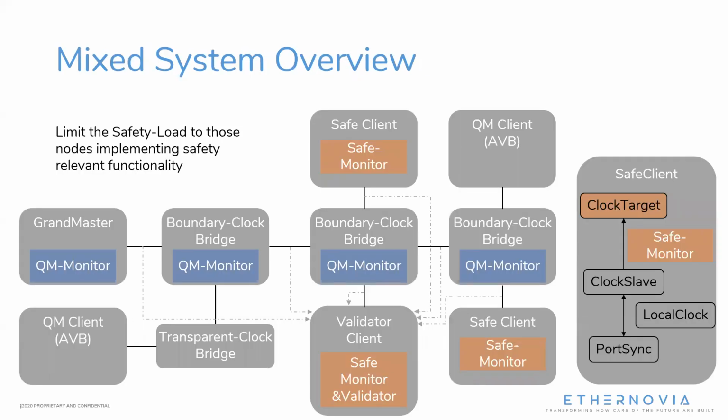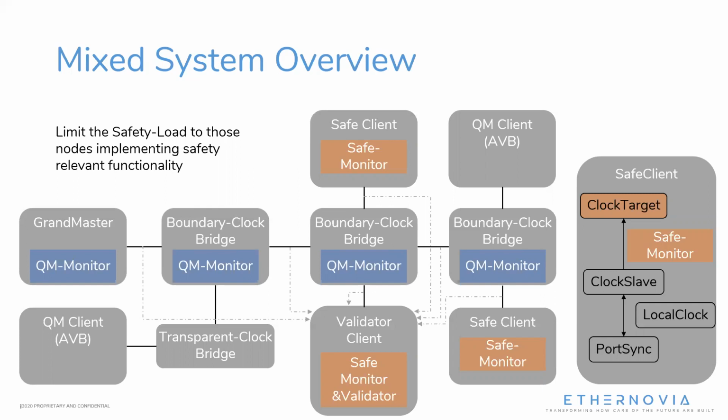Let's look at a mixed system where we have a grandmaster, we have some time clients that are safety relevant, and we have other time clients that are not safety relevant. And we have a lot of bridges that might have very general implementations and therefore would not want to go to a safety relevant implementation.